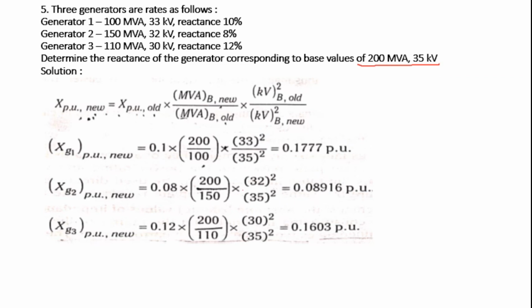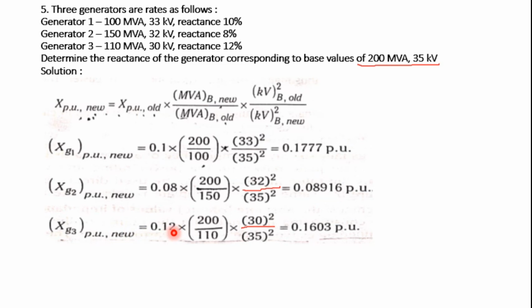So this is 32 squared divided by 35 squared. You will get 0.08916.